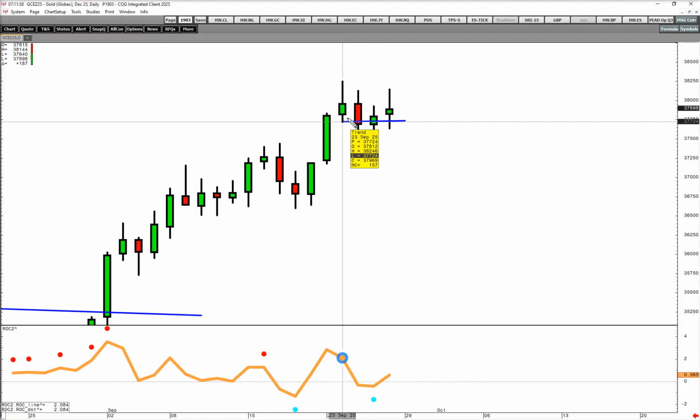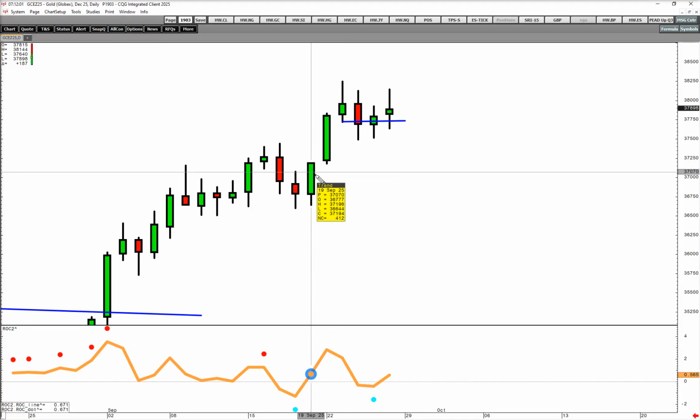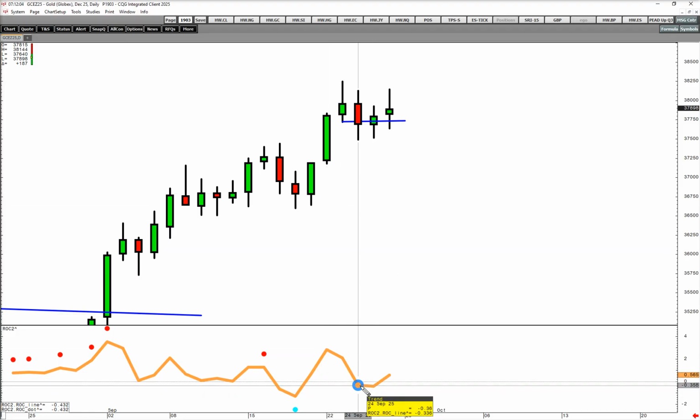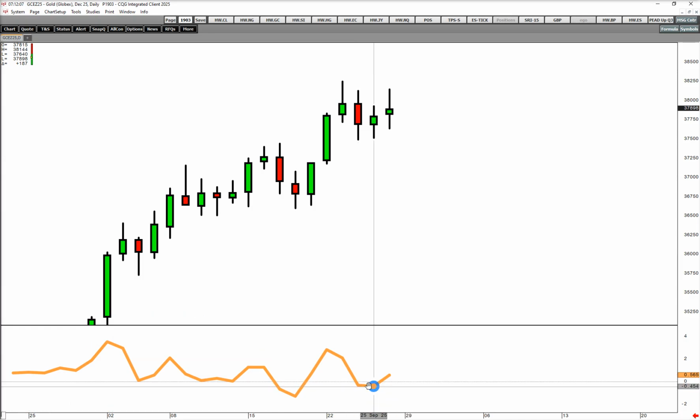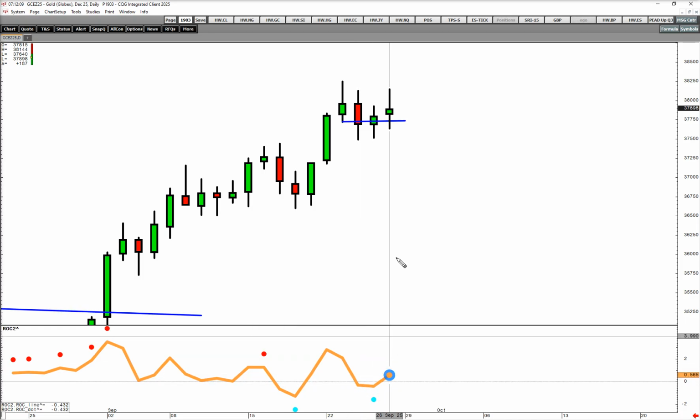And when it does that, you typically have one down day. And then as you can see, this was kind of a low amount of change, and then it flipped back up, right? This is just sort of a 2 days this way, 2 days that way type of rhythm that you can find on the 2-period ROC.